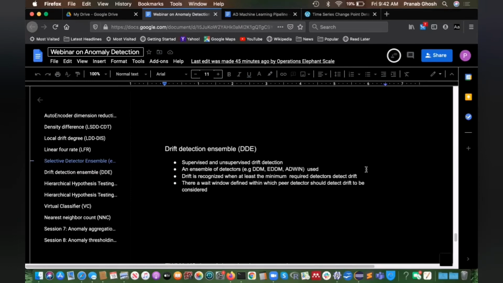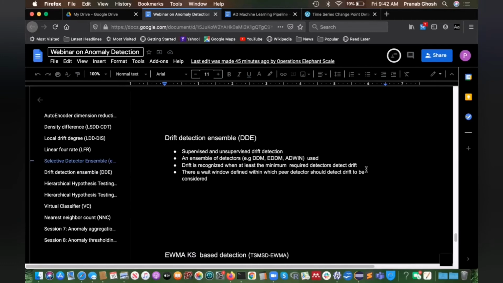Drift detection ensemble. This is also ensemble based, except that the consensus is defined by some minimum number of detectors that needs to detect drift. So the issue arises whenever you're doing some kind of consensus, because you're looking at data over some time scale, right?